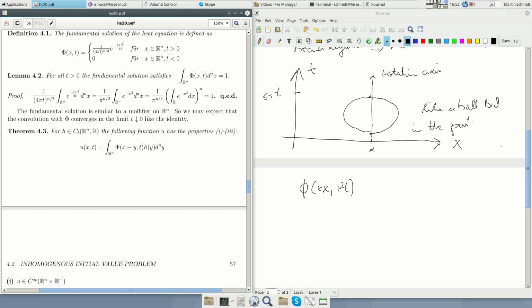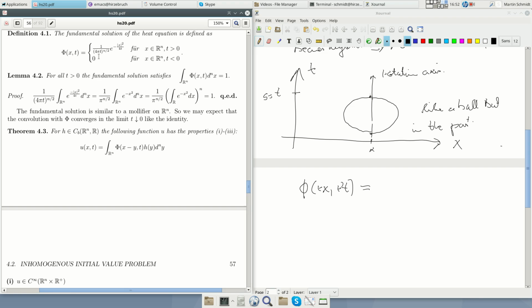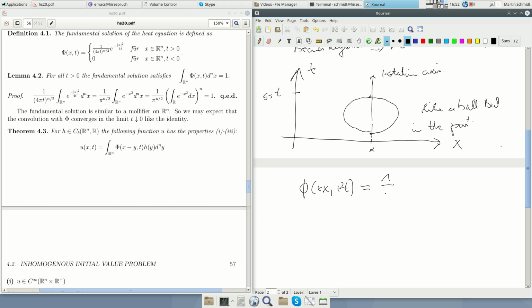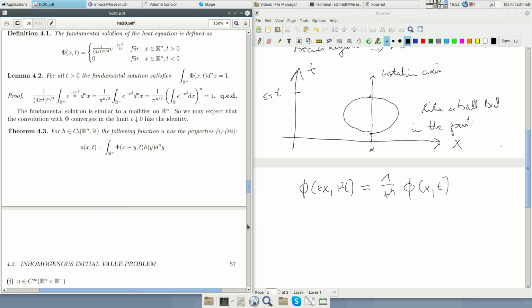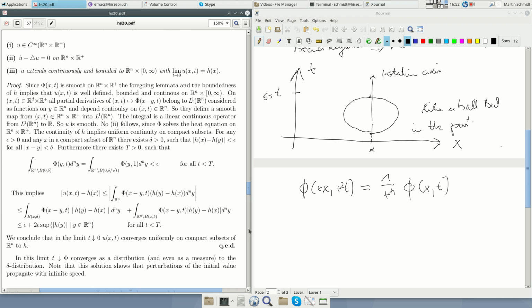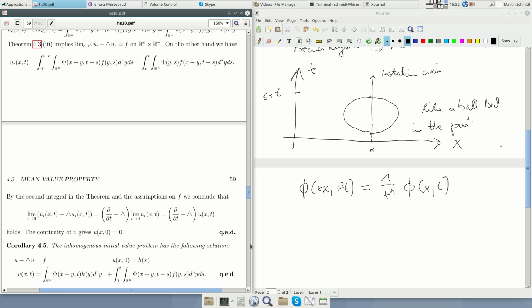The only dependence on r is here. And what we get is 1 over r to the power of n of phi of x t. So we have this scaling behavior. Now this is exactly the power which we use to define the heat ball, and as it should be, of course.